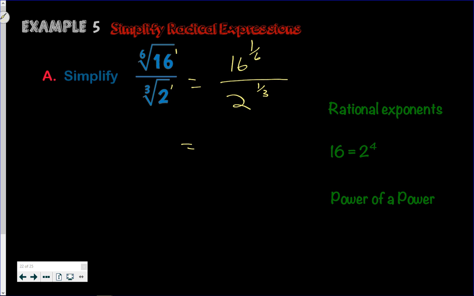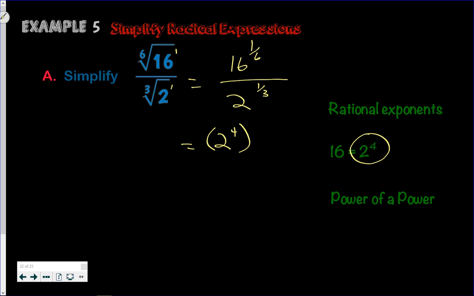Can I rewrite it as 2 to the 4th power? Right? Okay, so I'm going to change the 16 to 2 to the 4th.